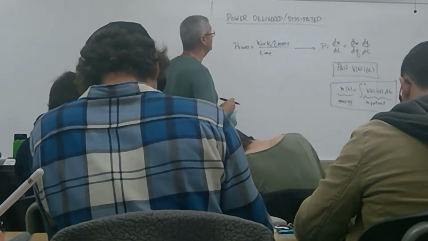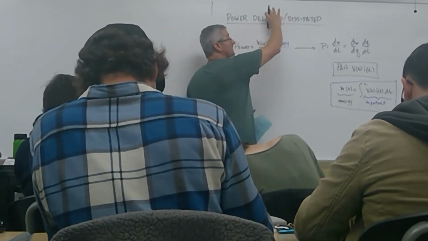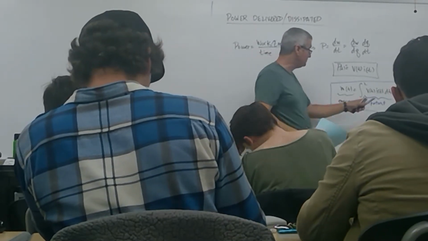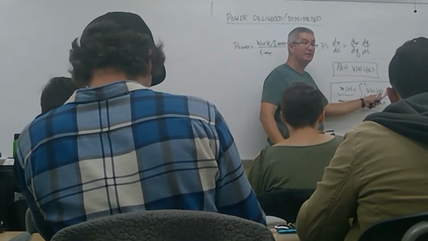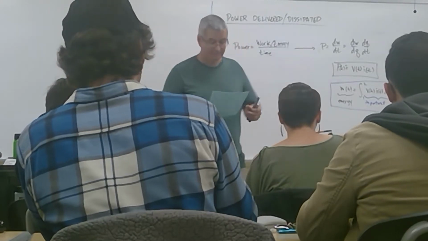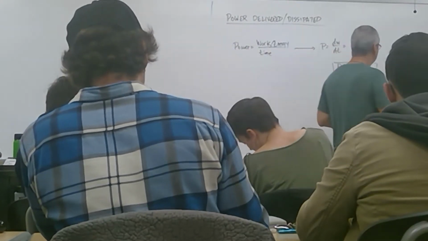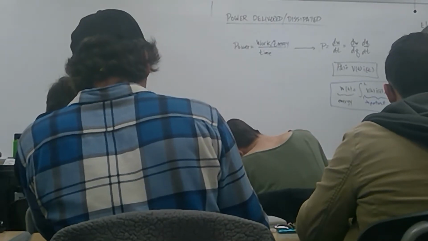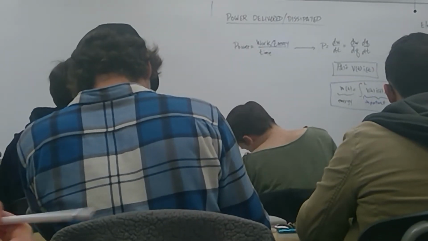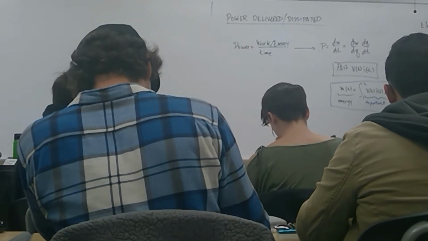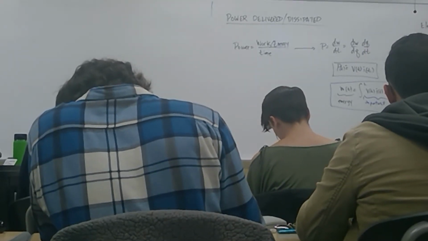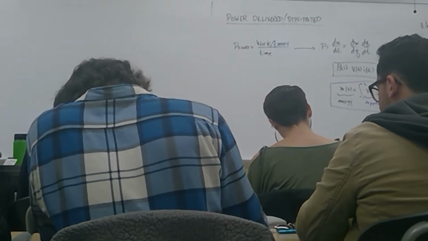Because when we start to talk about whether a circuit delivers energy or dissipates energy, we actually look at this guy right here. And when we look at this, it turns out that elements are either passive or active.